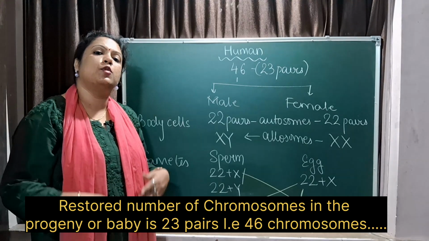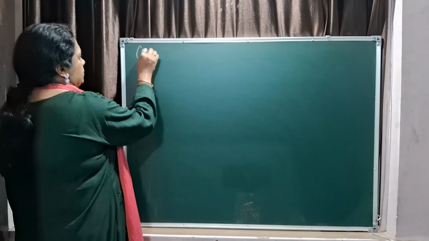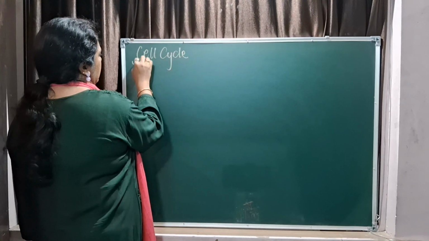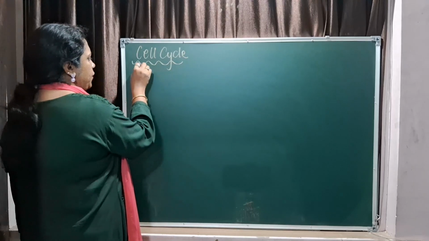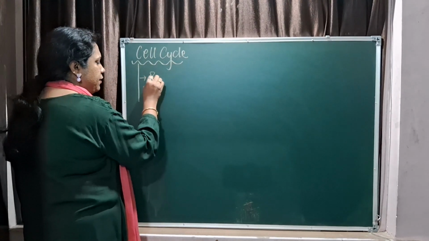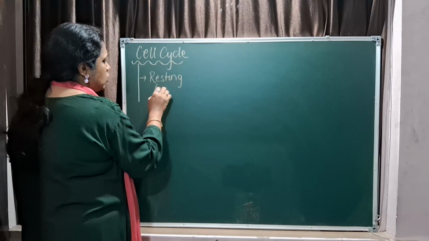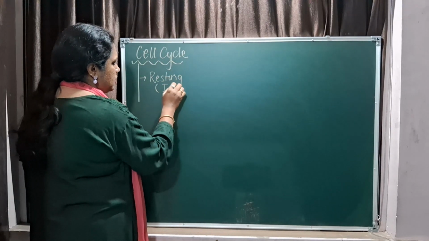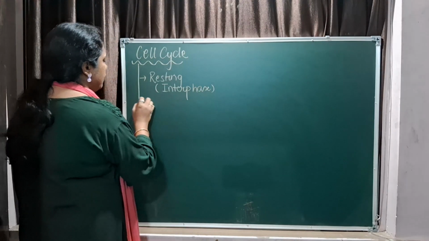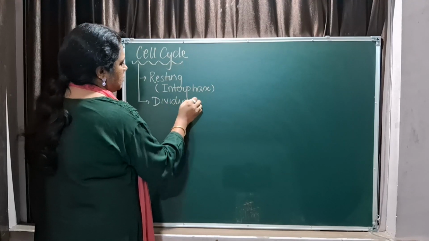So now we will move to the next topic, that is cell cycle. Now when you talk about the cell cycle, it has got two phases. The first one is the resting phase or the non-dividing phase, which is called interphase, and the second phase is the dividing phase, that is called the mitotic phase.